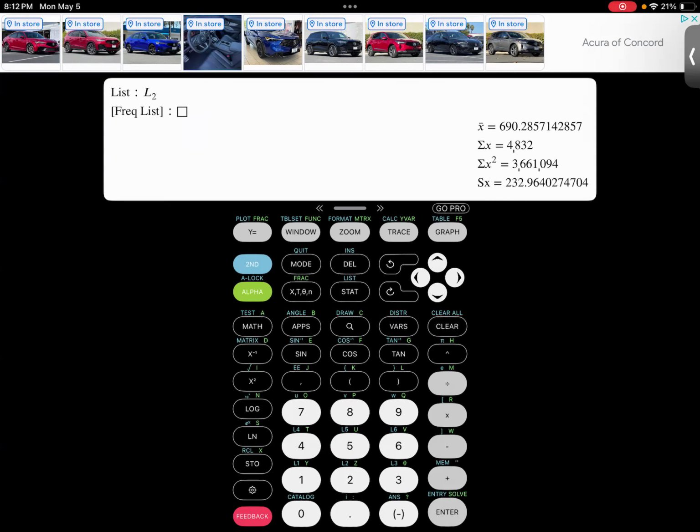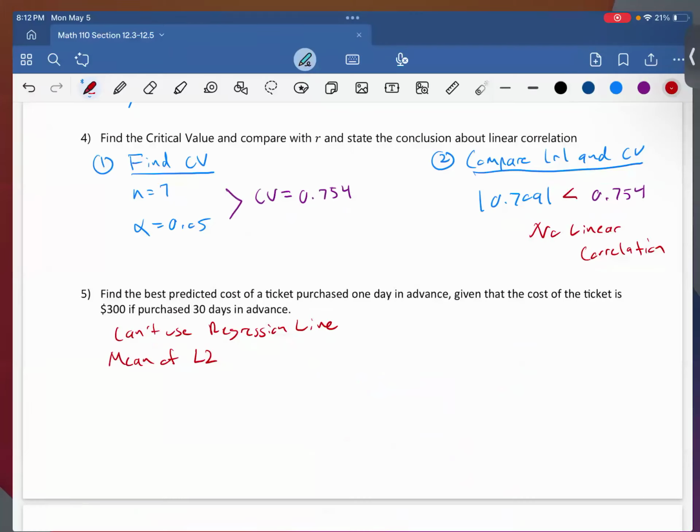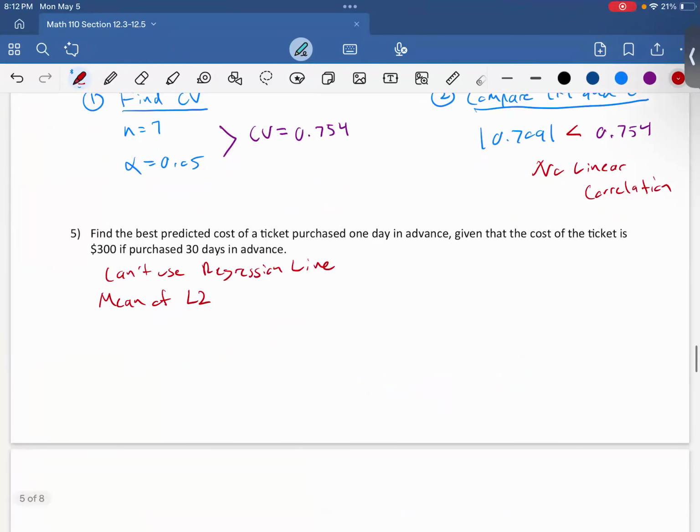So let's write that down. Here I'll say y bar equals 690.29.